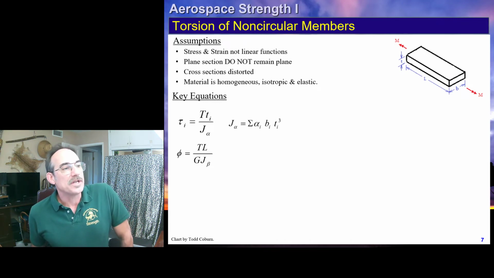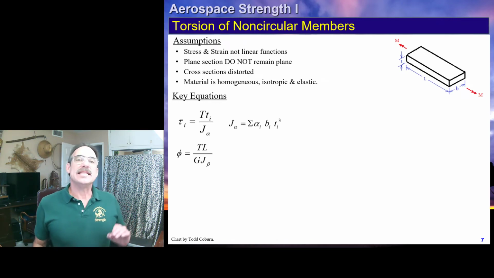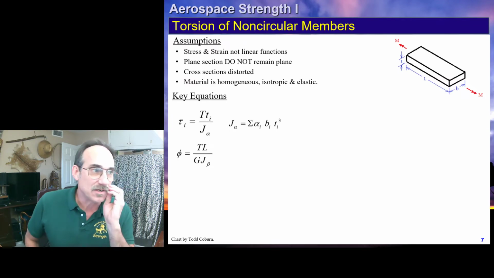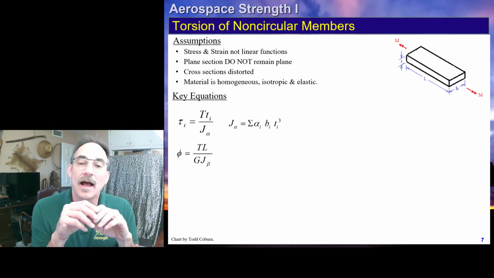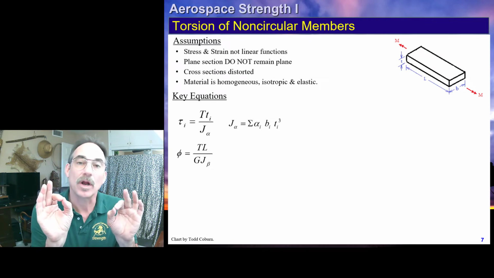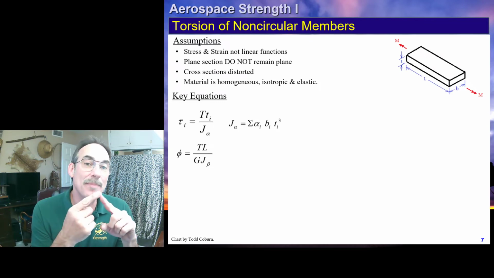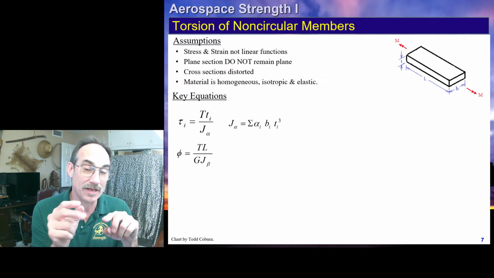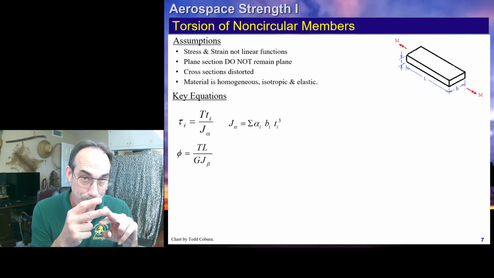So the question is, what's our J? Well, J is going to be the sum of the alpha b t cubed terms, where for each flange in the cross section, we figure out what our b and t are. b is the width dimension, the larger dimension. t is the smaller dimension.